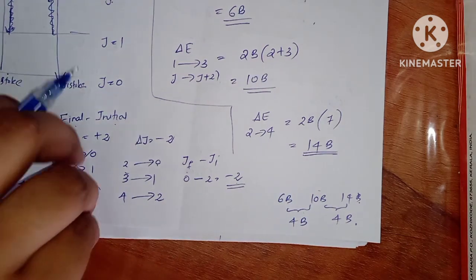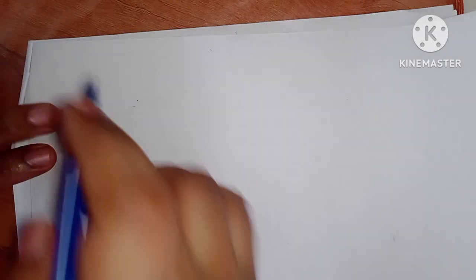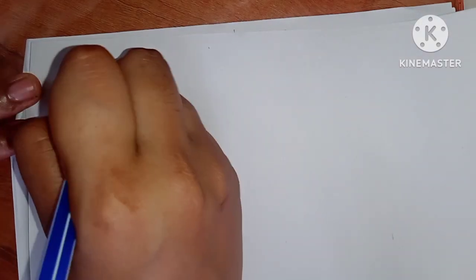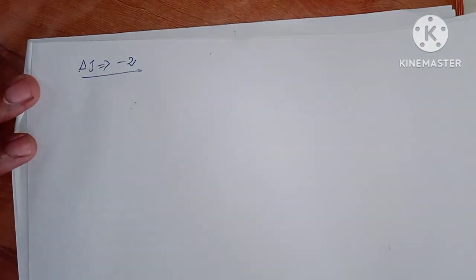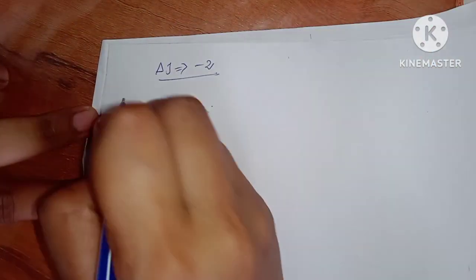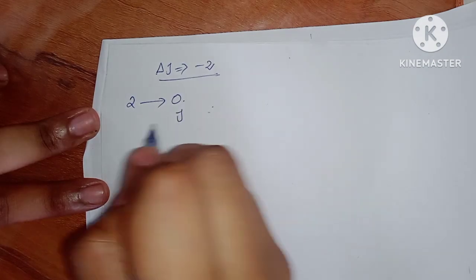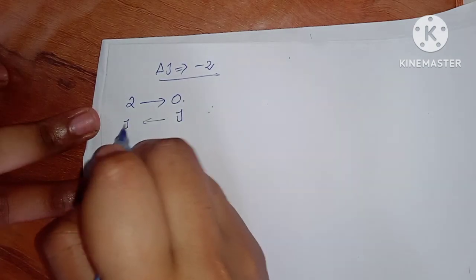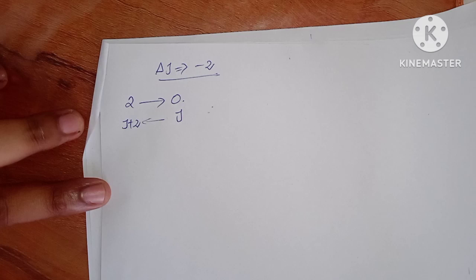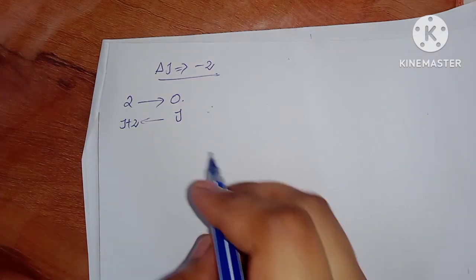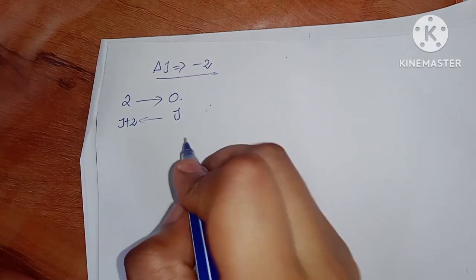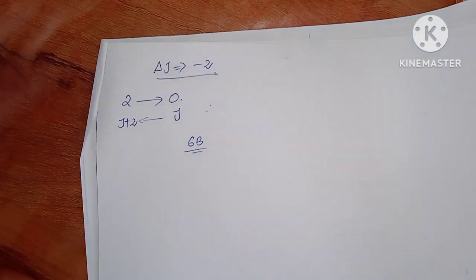Now let's consider delta J minus 2 case. Delta J minus 2 means the transition is from 2 to 0, just opposite. So here J is 0 and J plus 2 is 2, but just opposite of what we have seen just before. So the energy is the same 6B, but in the opposite direction, or in a negative manner.